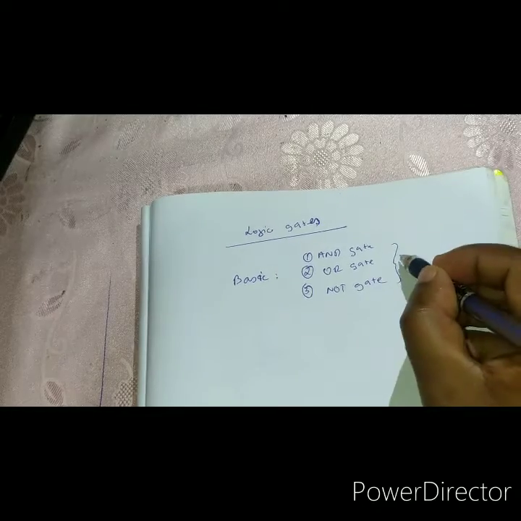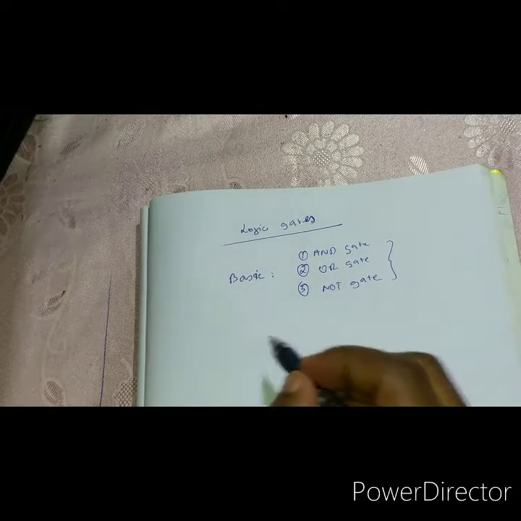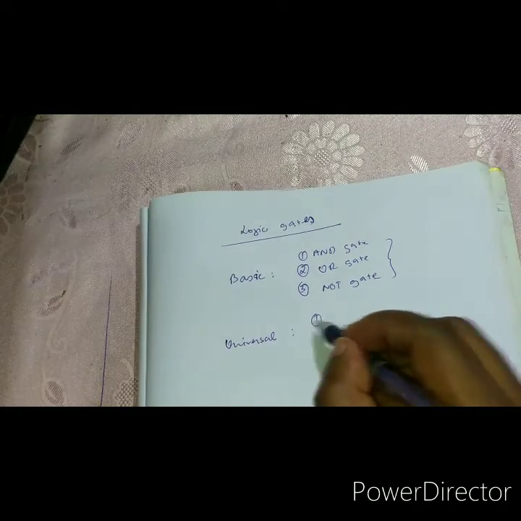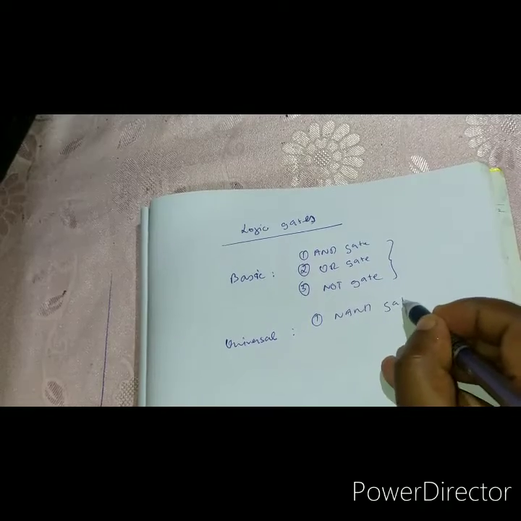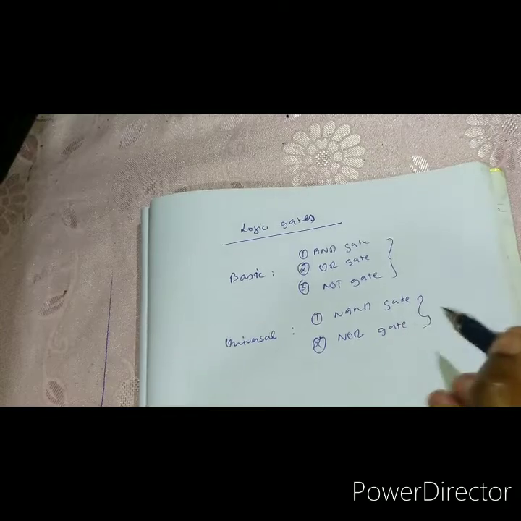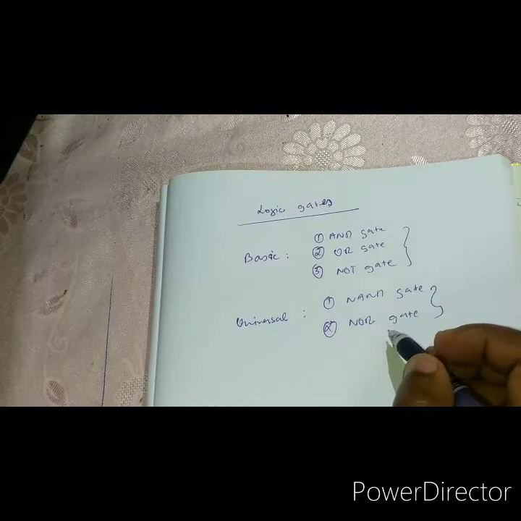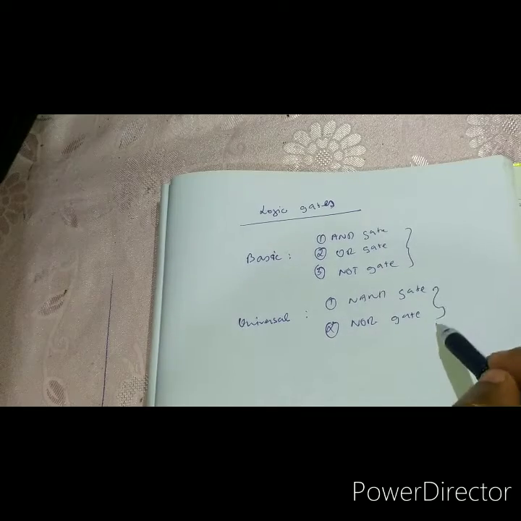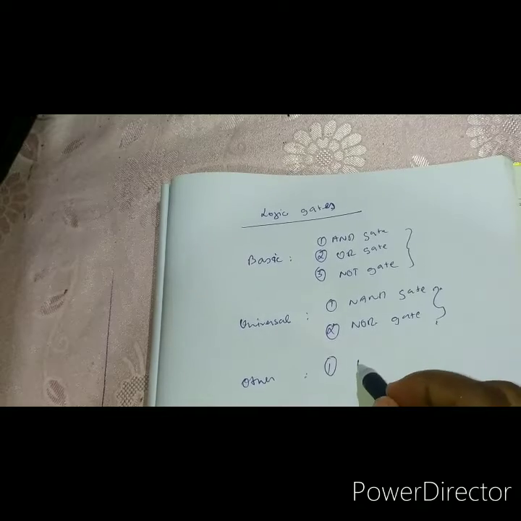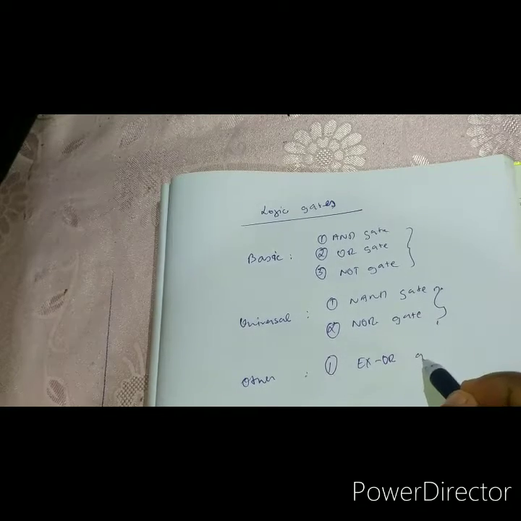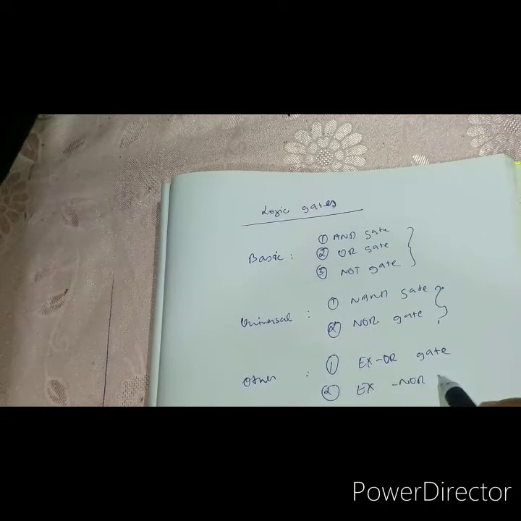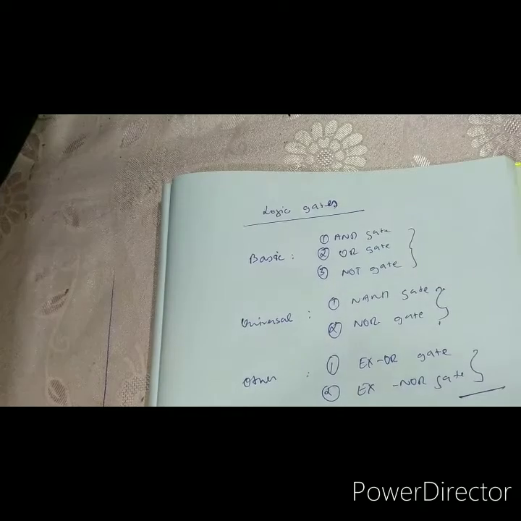These three are the basic types of gates, and there are two universal gates: number 1 is the NAND gate and number 2 is the NOR gate. These two are called universal gates because any other gate can be realized using them. The other types of gates are number 1, XOR gate, and number 2, XNOR gate.